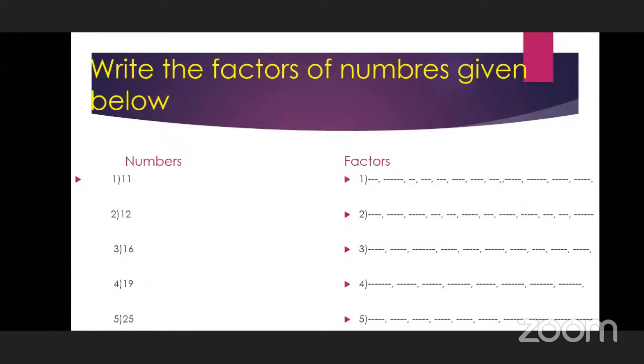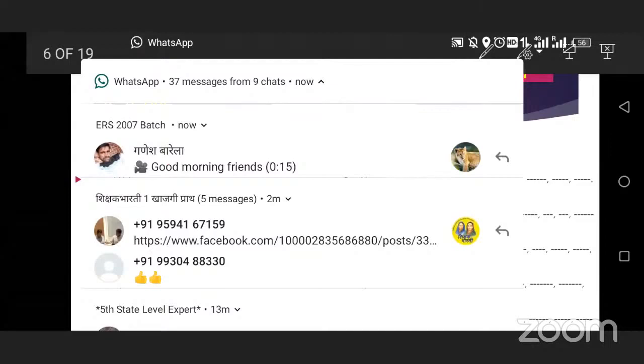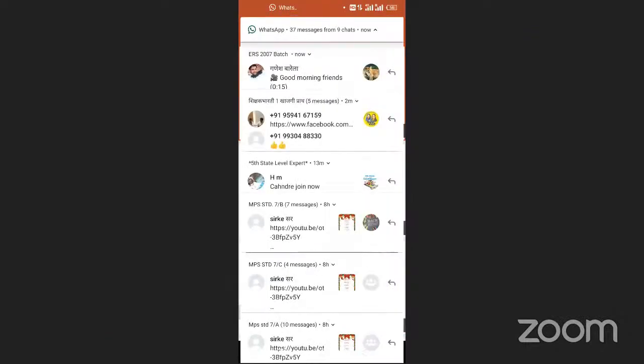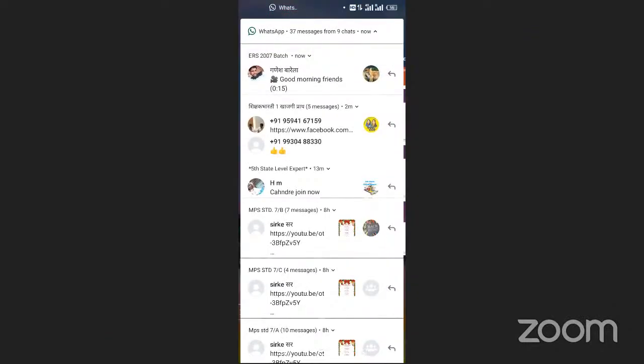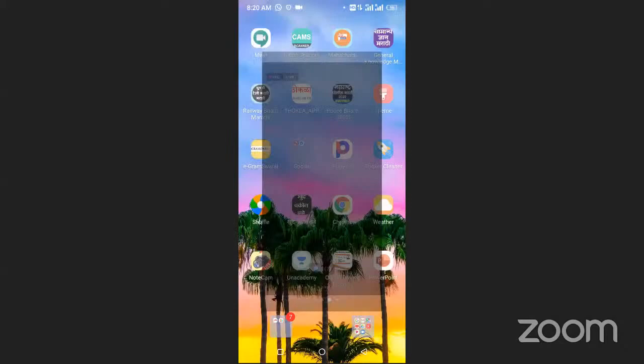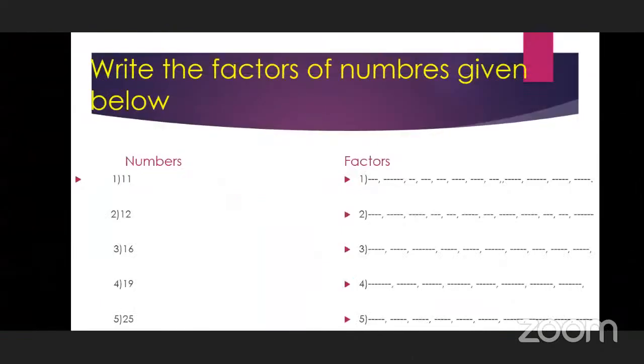So the factors of 11 are 1 and the number itself, that is 11.